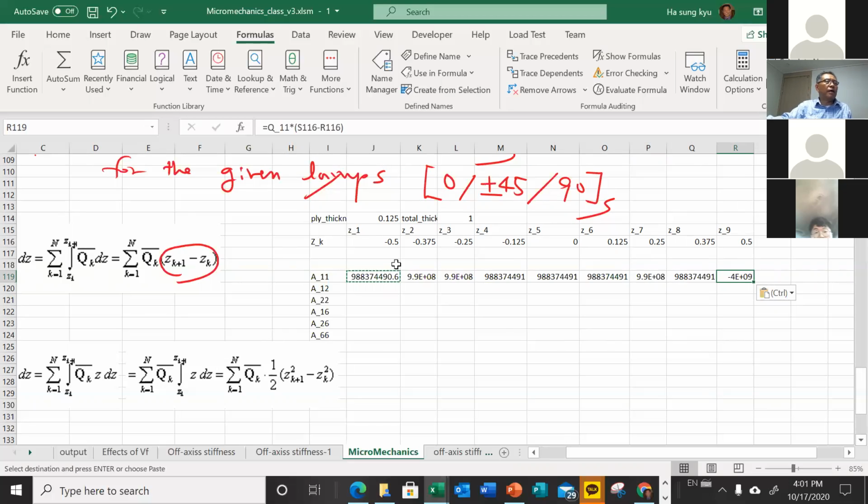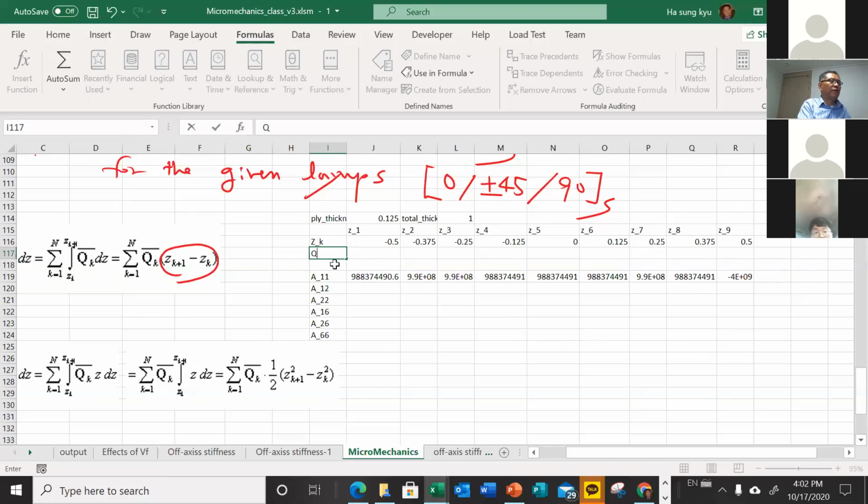This is the A11, but you need to remember that you need to recalculate the Q matrix for each angle, right?